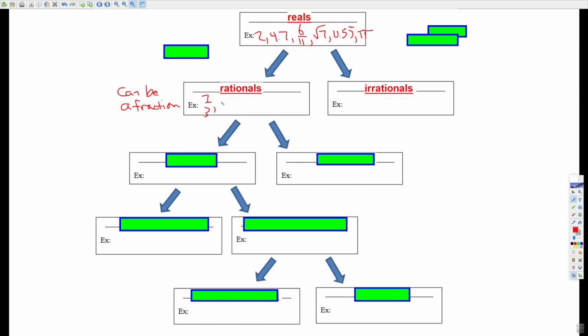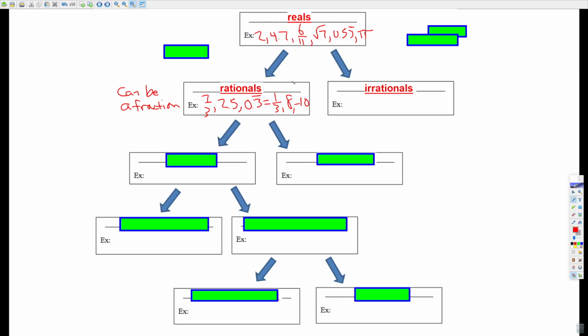Something like 2.5 can be a fraction as well. It would be 5 over 2. Even things like 0.3 repeating can also be written as a fraction, which is 1/3. And this also includes regular whole numbers, like 8, 10, -2, -7, -10.